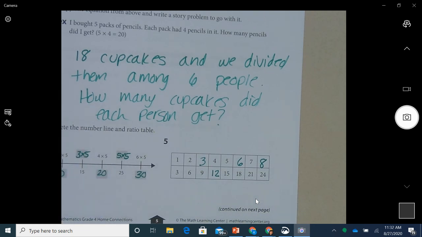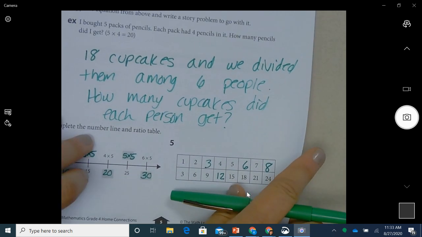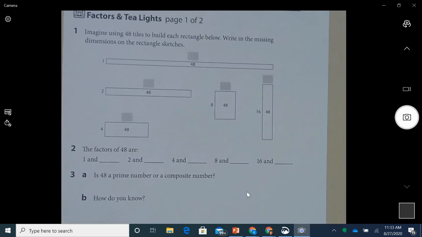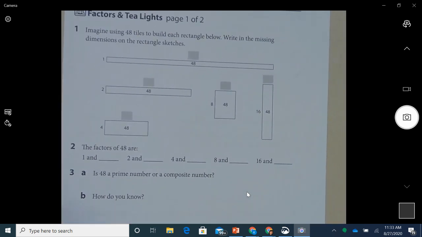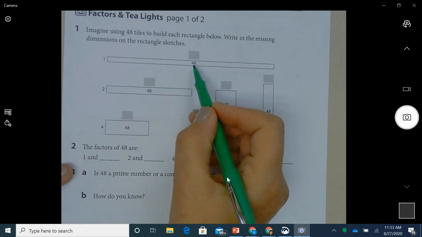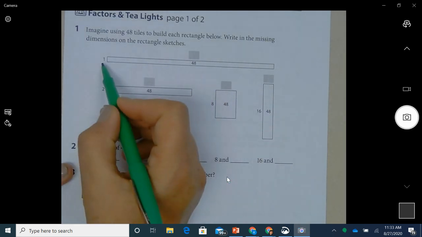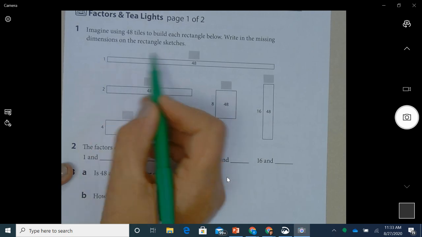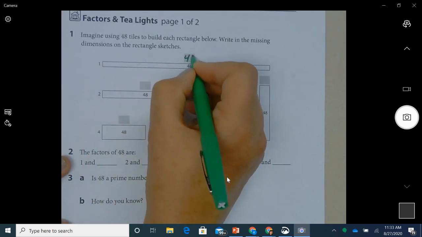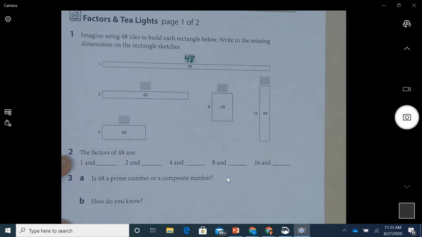So we're going to go to another page in our homework book, and it's actually page 8, and it's called Factors and Tea Lights. We're looking at boxes of tea lights, and our box includes 48 tea lights. So I'm trying to think what times what will give me 48. 1 times 48 is an easy one, okay?